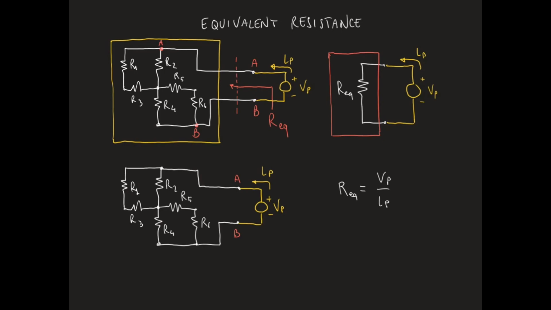This is what we get by applying Ohm's law to the network, including the equivalent resistor R sub EQ, where Vp and Ip are the same by definition as Vp and Ip in the original network.